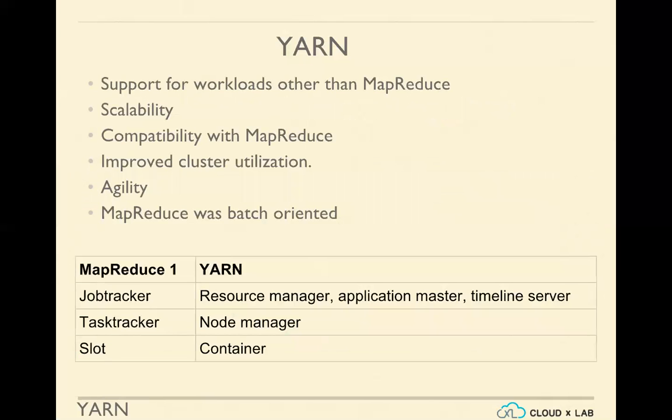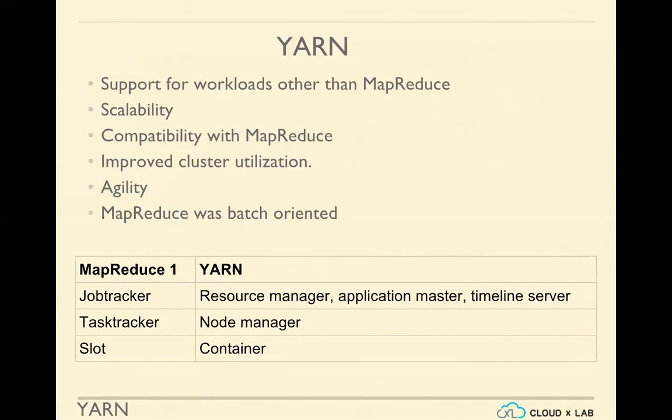So Yarn supports all kinds of workloads, including MapReduce, right? Yarn gives you the ability to scale, meaning on the same computers, some of them are busy with MapReduce while the rest of them are free, so they can be utilized.